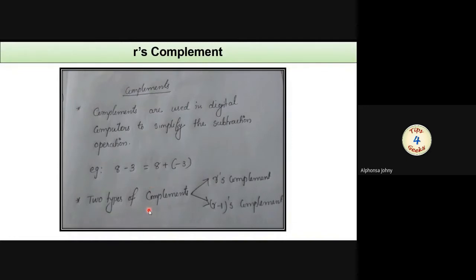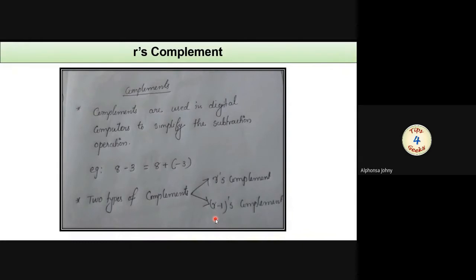As we have already said, there are two types of complement, R's complement and R minus 1's complement, where R is the base of the number system. Can you say what are the complements defined in the case of the decimal number system? R's complement, that is 10's complement, and R minus 1's complement, that is 9's complement.